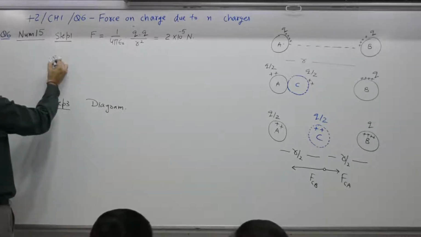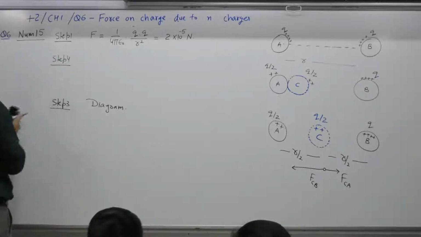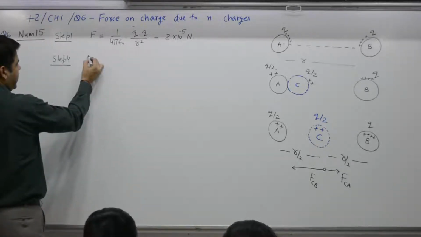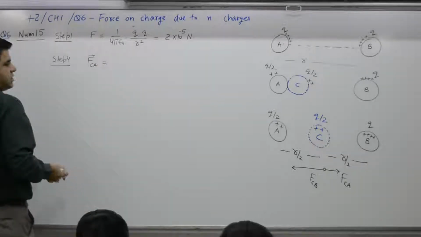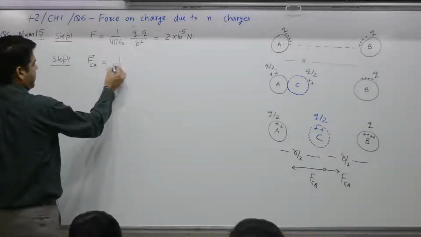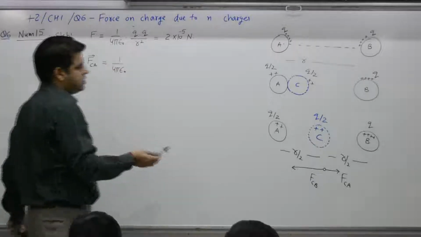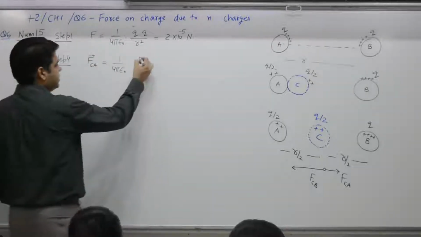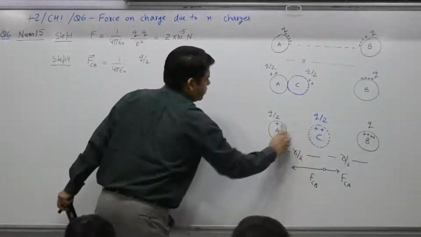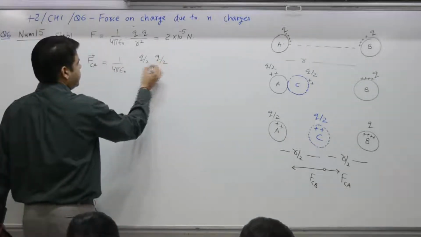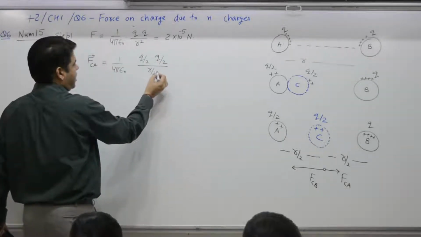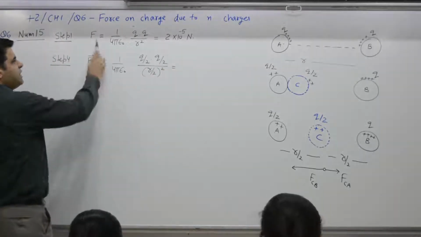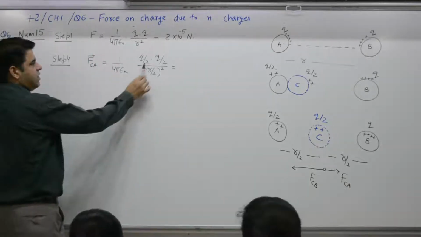Find the force on C due to A. Magnitude: 1 by 4 pi epsilon naught, charges Q by 2 and Q by 2, between these two, and the distance between the two is R by 2 squared. It comes out to be the same as this force, F: 1 by 2, 1 by 2, 1 by 4.